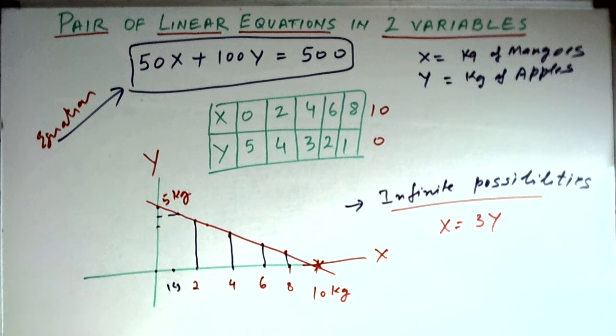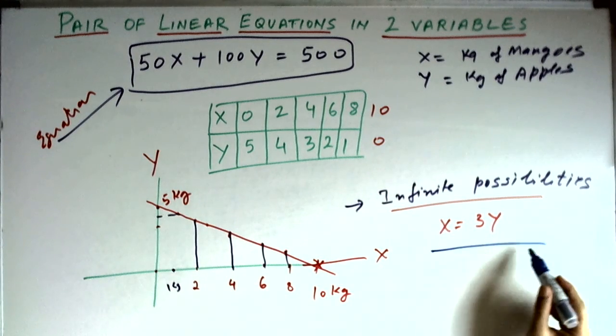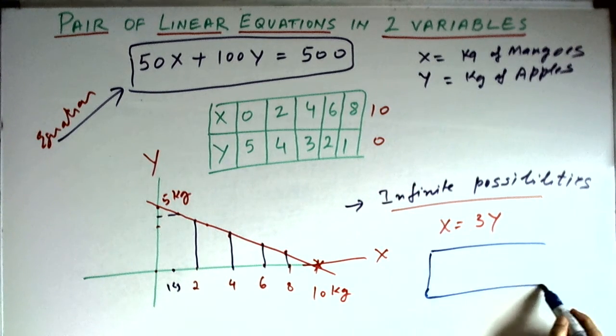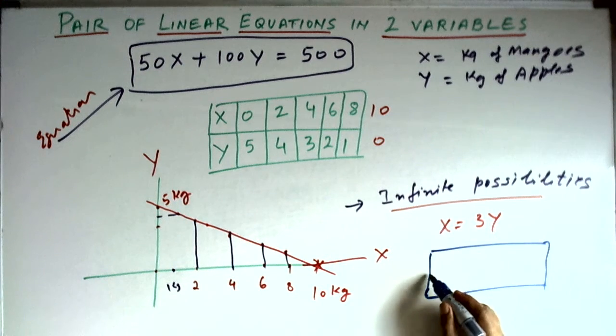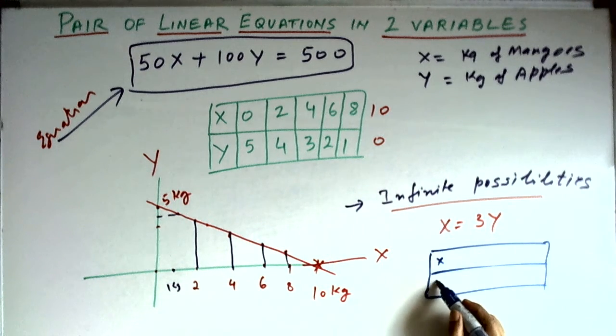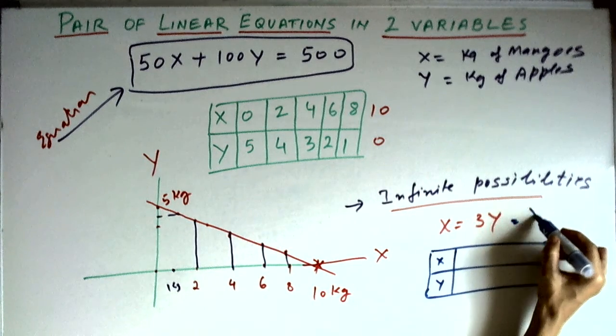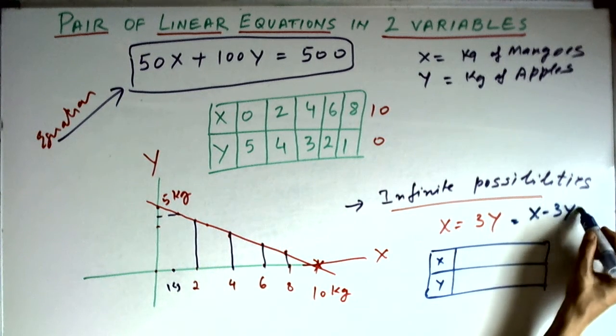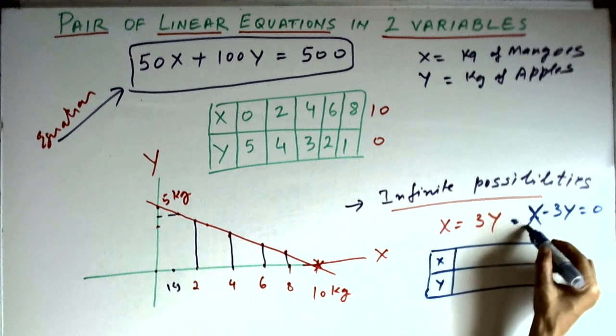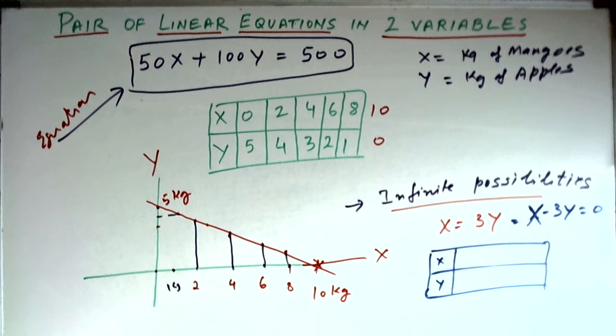We can draw a table, x and y. We can rewrite it as x minus 3y equal to 0.